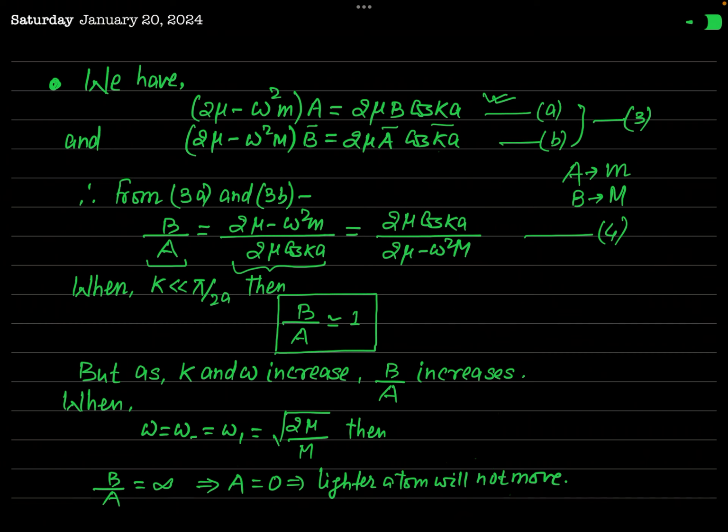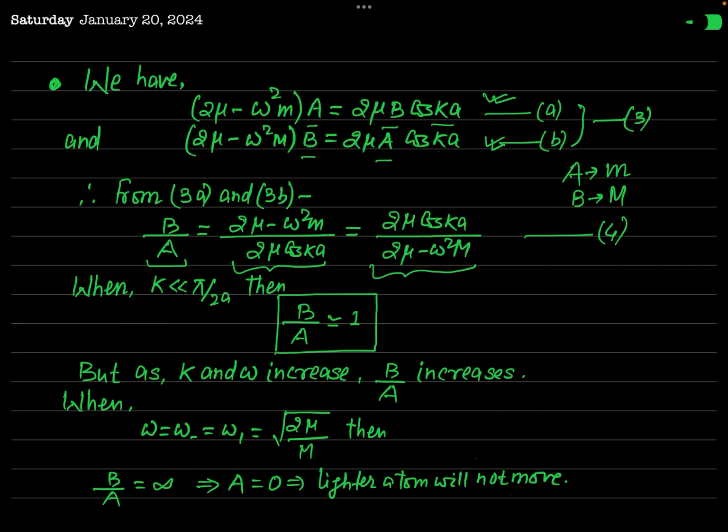But when you find the same ratio, b over a, from equation 3b, it will be equal to 2 mu cos ka divided by (2 mu minus omega square capital M).